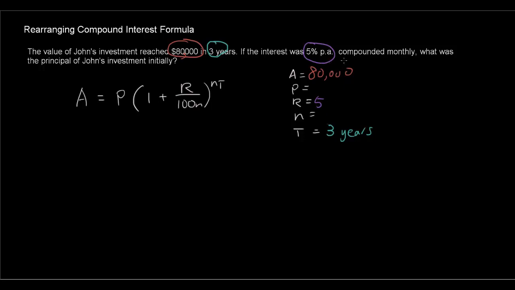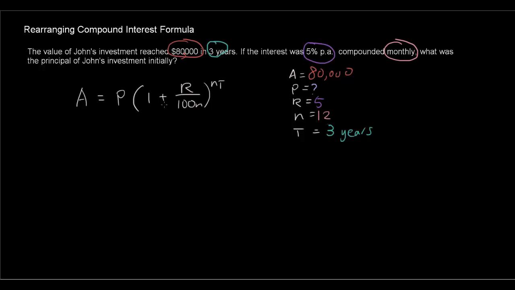And the number of compounding periods per year is 12. As it says, it's compounded monthly, so it must be 12. And the principal we're not sure of. So what you can see is that the principal is the one we want to try and find.